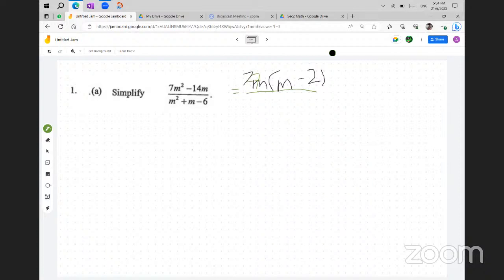I feel like I'm supposed to get rid of m minus 6, but the top part is just wrong. Wait, m squared plus m minus 6. Where's your cross method? Yeah, this cross method. That is the cross method, yeah.